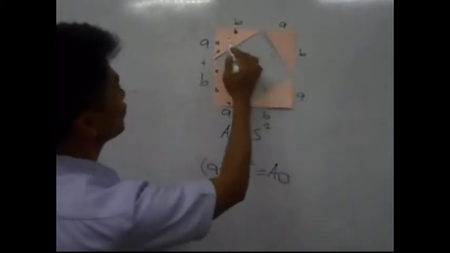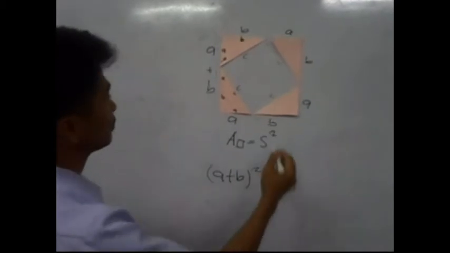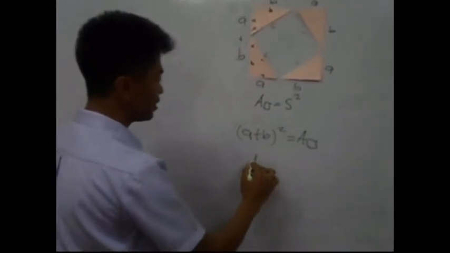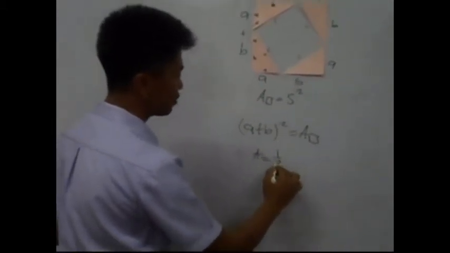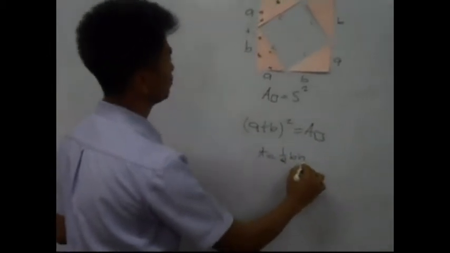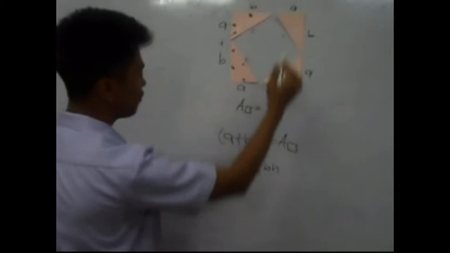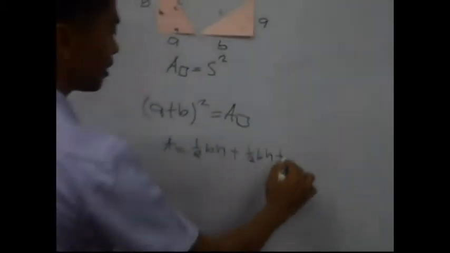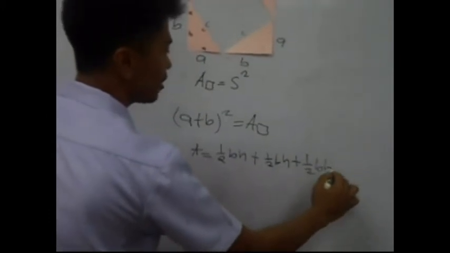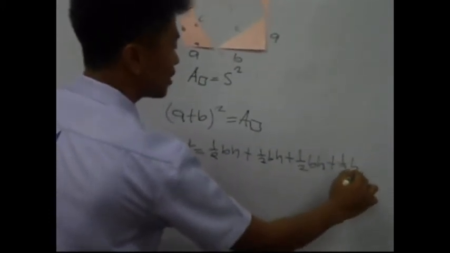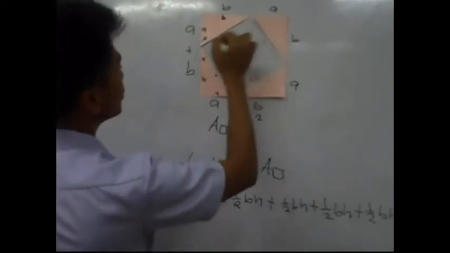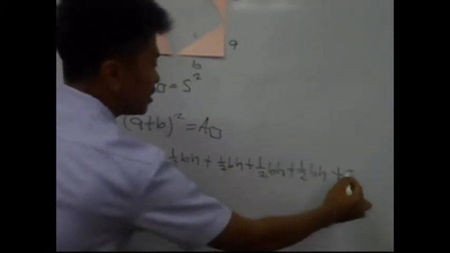Now let's solve using the four triangles. The area of a triangle is equal to 1/2 of base times height, and there are four, plus the inner portion, which is a whole square, c squared.